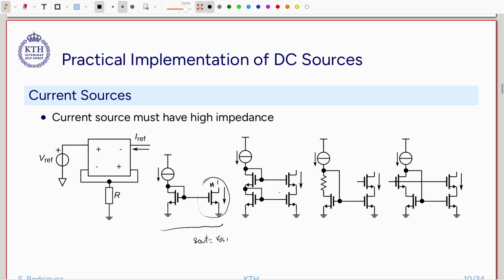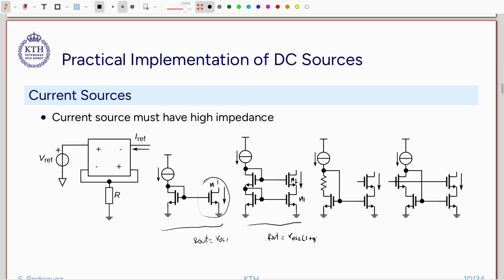Very often we need higher impedances, and then we have to resort to the use of cascode, and one of the alternatives is the one that we see here, a cascode current mirror. In this case, the output resistance will be equal to, if we call this M1 and this one M2, since we have already discussed the cascode before, rds2 times the loop gain that we have in this configuration.